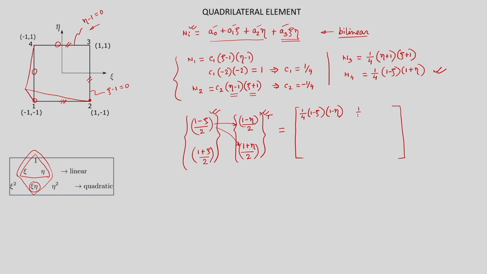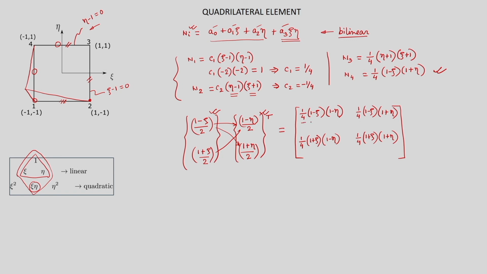Similarly, the second one will be 1 by 4 (1 minus xi) times (1 plus eta), and this will be 1 by 4 (1 plus xi) into (1 minus eta), and the last one will be (1 plus xi) into (1 plus eta), alright. So, now let us look at these 4 shape functions.